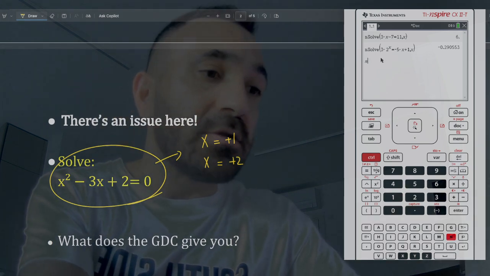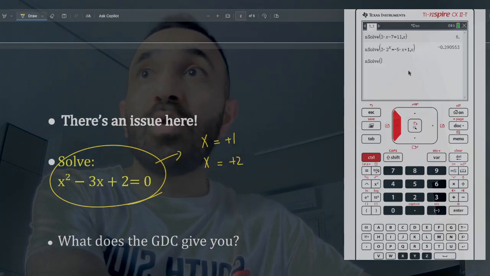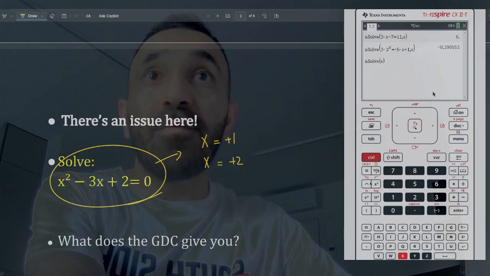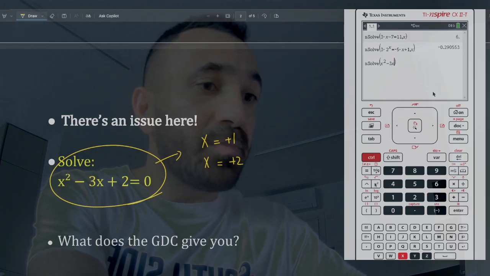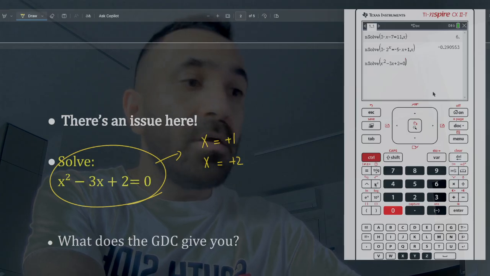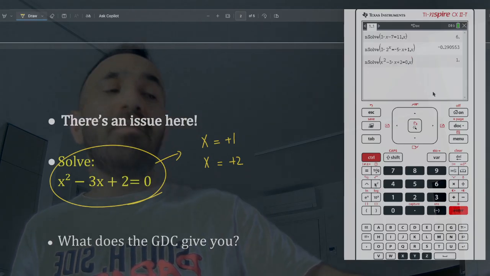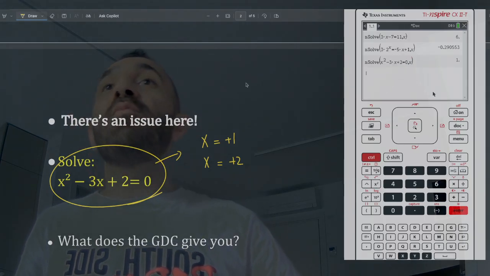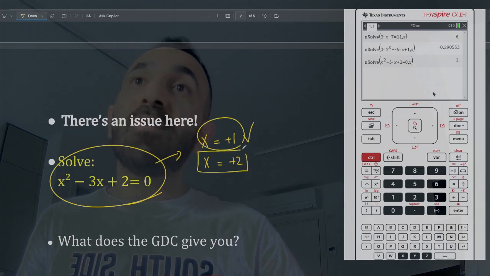Now, I'm going to put this equation into the calculator with numerical solve. So x to the power of 2 minus 3x plus 2 equals 0, comma x. When I press enter, what happens? It only gives me one of these solutions. So I'm missing one of my answers.